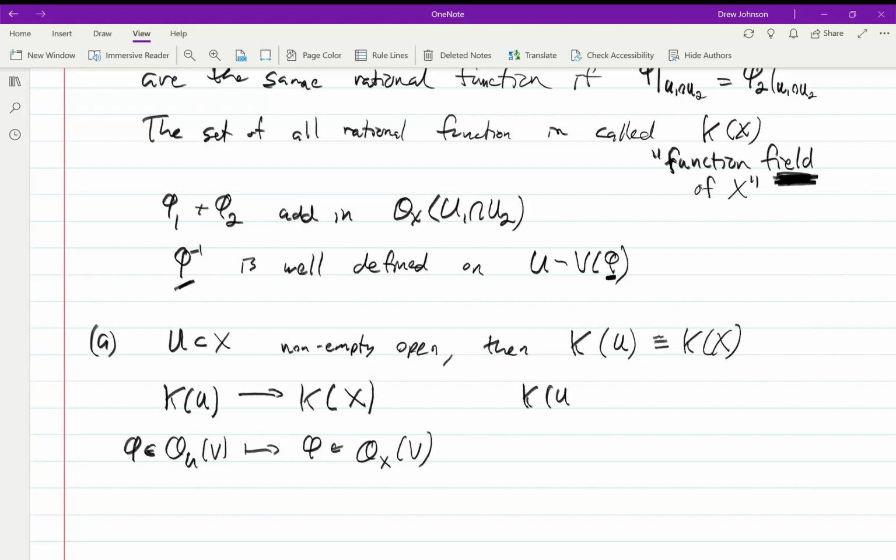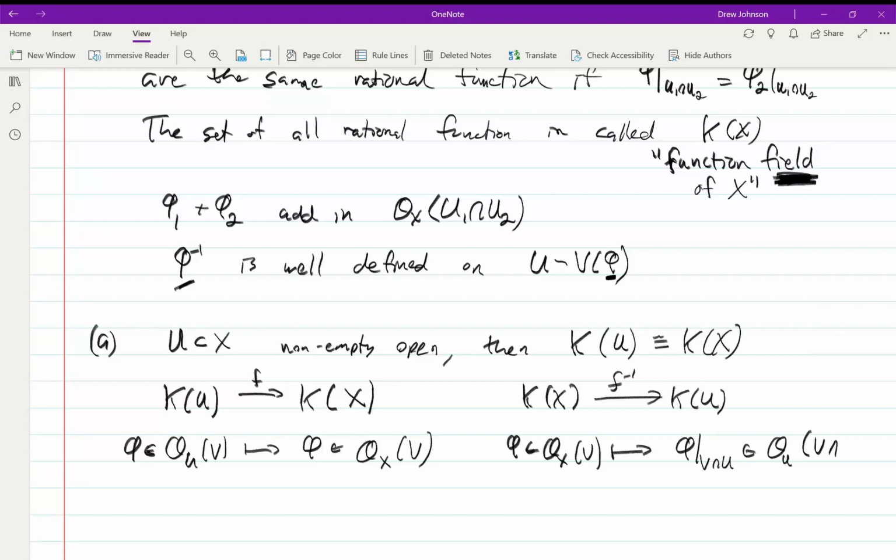So let's call that F, and this will be the inverse, mapping from K_X to K_U. If I had phi in O_X of V, where V is an open subset of X, I could just map that to phi restricted to V intersect U, which is now an open subset of U. And so this lives in the structure sheaf of U. Okay, so it's not maybe too hard to check that that's an inverse.